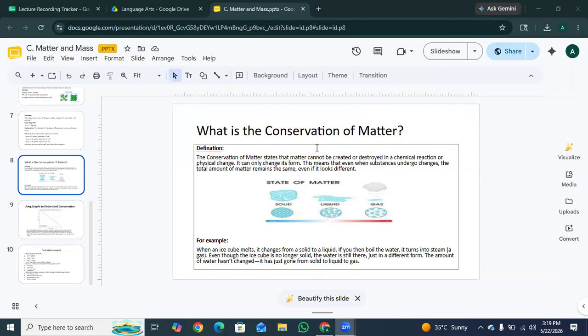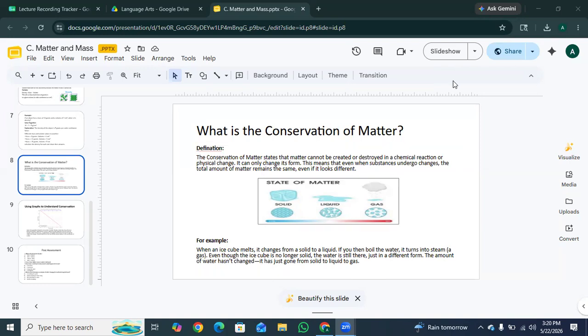So, when an ice cube melts, it changes from a solid to a liquid. If you then boil the water, it turns into steam, which is a gas. Even though the ice cube is no longer solid, the water is still there, just in a different form. The amount of water has not changed, it has just gone from solid to liquid and to gas. Okay?